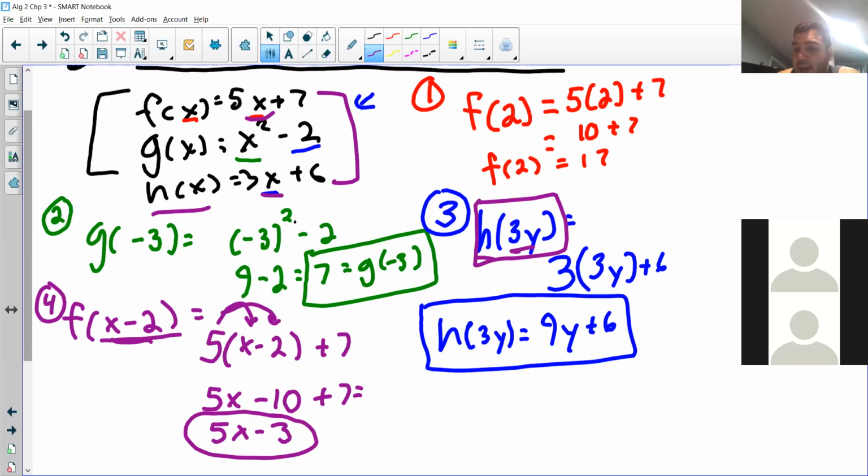Every time you see an x, and all these have one x, sometimes there are multiple x's, but every time you see an x here, you're going to replace it with whatever is in the parentheses, in this case 3y. So 3 times, now the x became 3y, plus 6. So all I'm doing is substituting, and what's inside the parentheses tells me what I substitute.